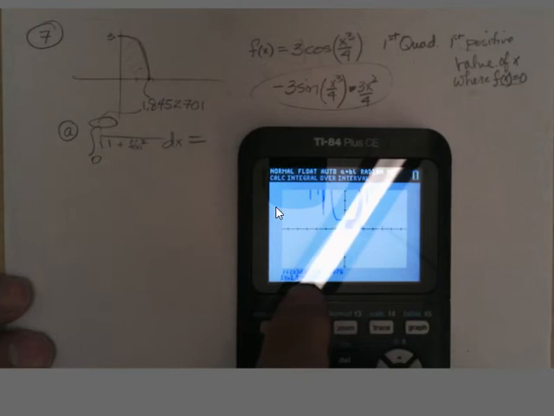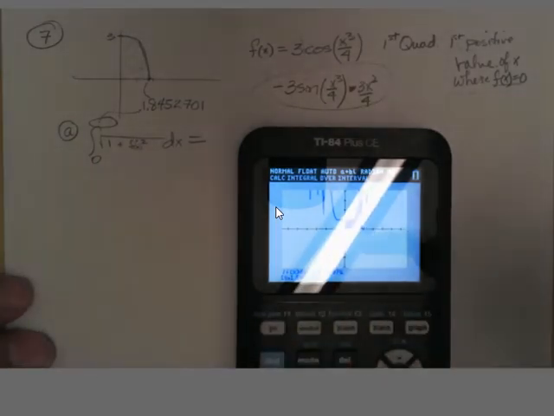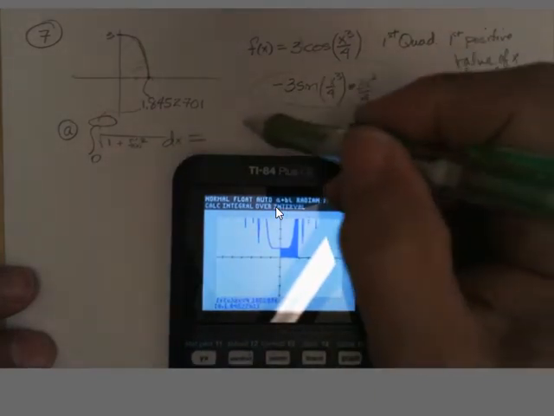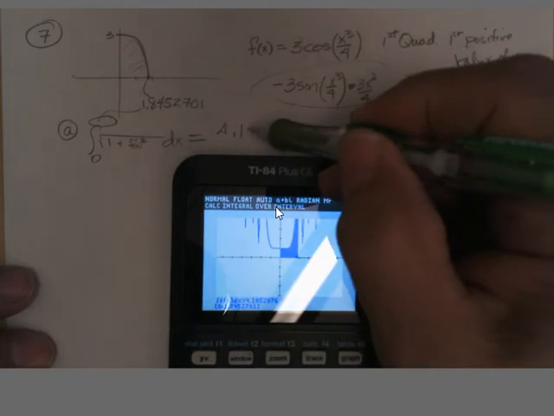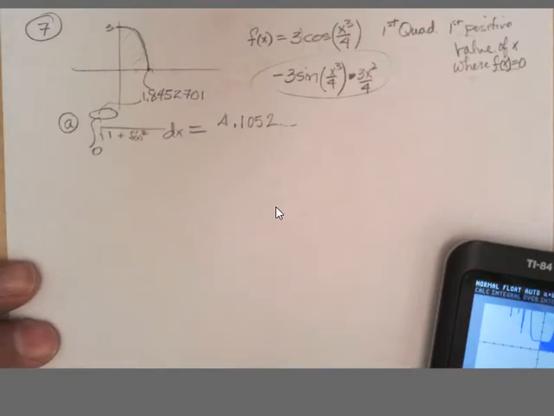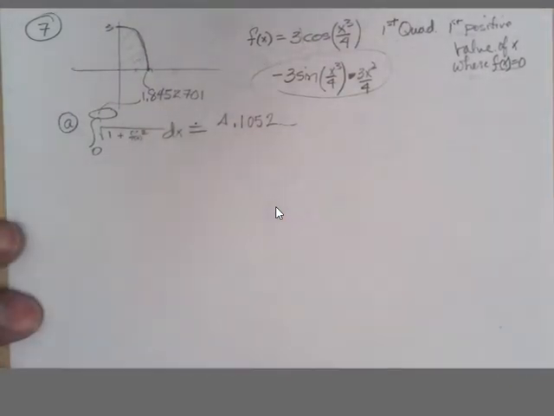Went from 0 to 1.85, and it came up with an area, or an arc length, the area is the arc length, of 4.1052, blah, blah, blah. That's approximate. So there's the arc length.